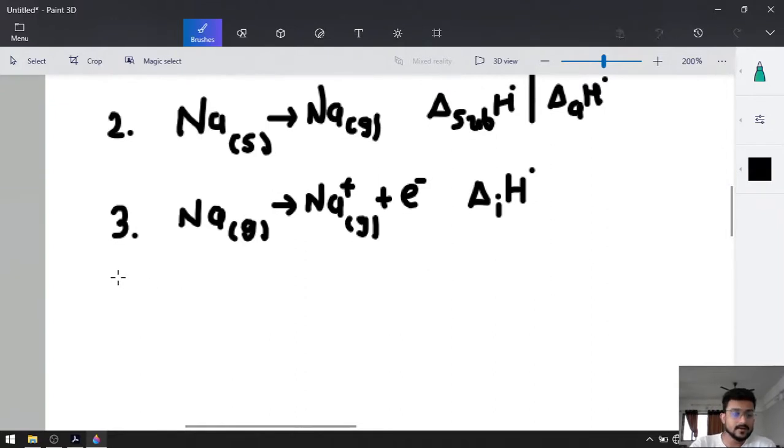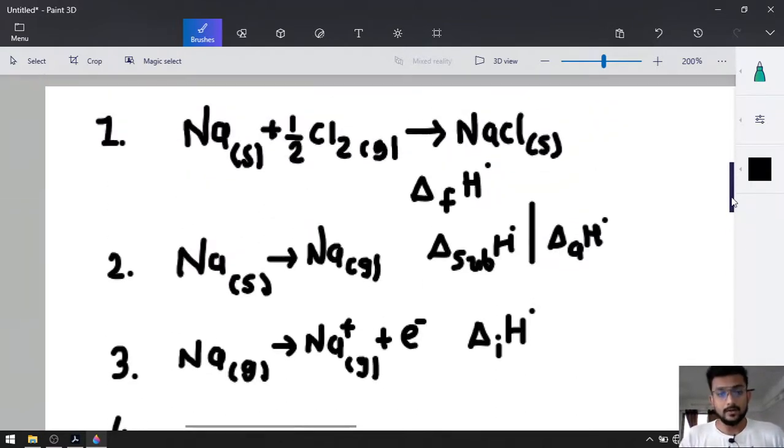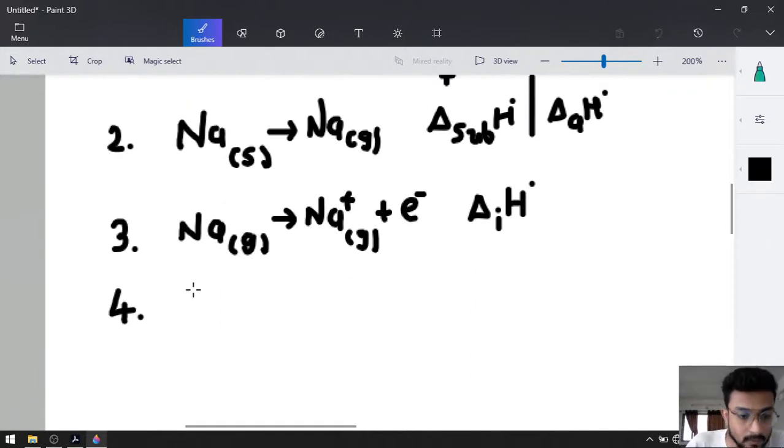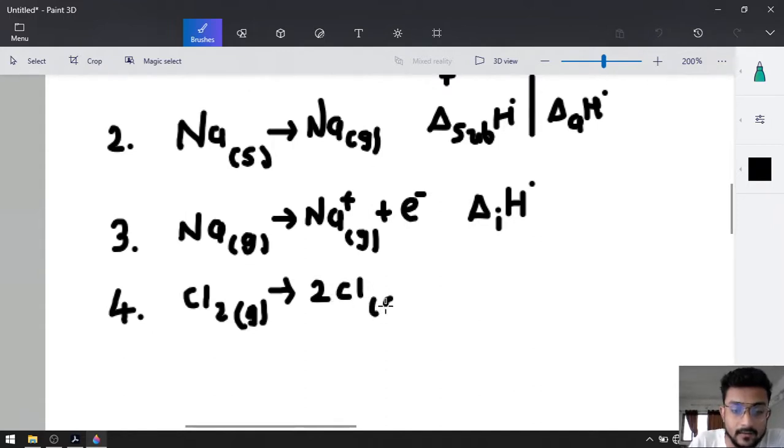After that, our step number 4. Let's talk about chlorine now. Chlorine, Cl2, which is in a gaseous form, right? So in the first step, bond dissociation occurs. So it will give me 2Cl in a gaseous form.